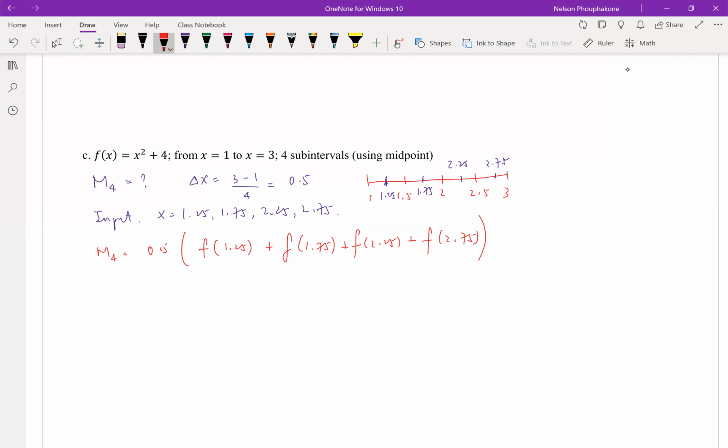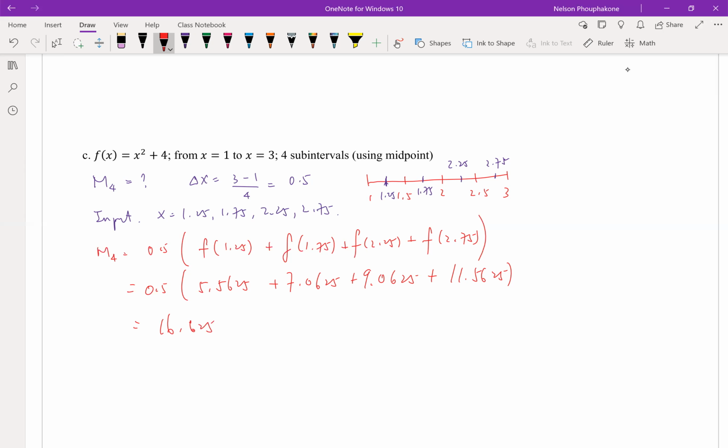Okay, just like this. And of course, if we use your calculator, then you find out those numbers. And then we get 16.625.